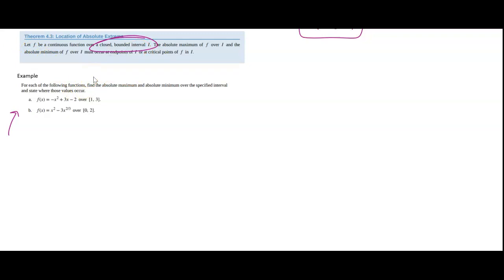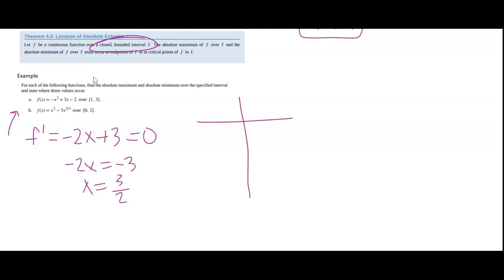So in this case, I'm going to try to figure out if I have a critical point on this interval. So f prime equals negative 2x plus 3 equal to 0, negative 2x equals negative 3, and x equals 3 halves, which is on this interval. So then what I would like to do is look at values of f.